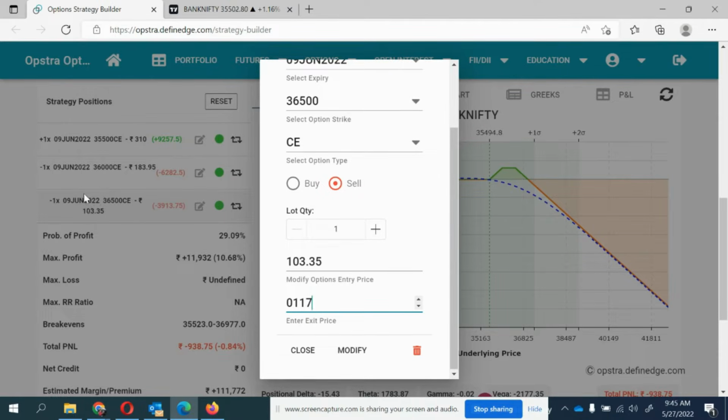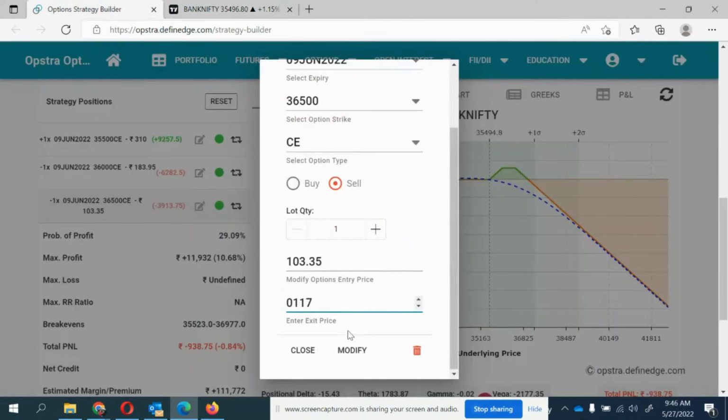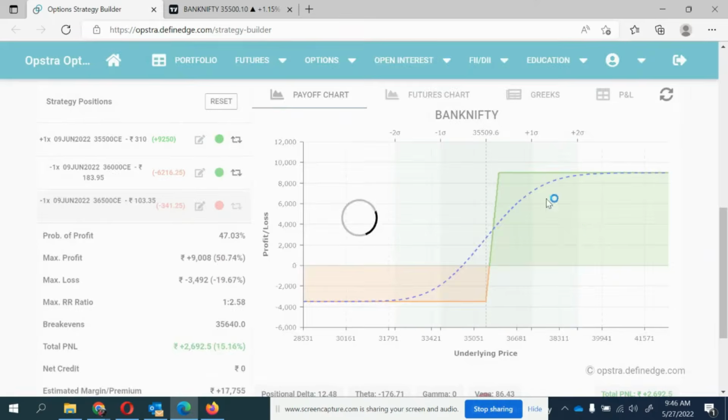I'm squaring off the extra sell, because if Bank Nifty comes up with a gap up, that was my expectation and it happened today. Bank Nifty had a gap up today, and I would have been in loss, right? So yesterday at 3:20 I squared off this leg and converted the ratio spread to a debit spread.